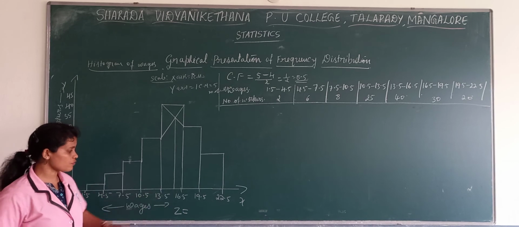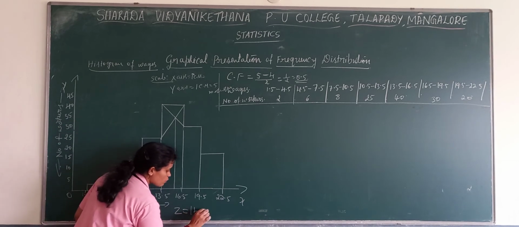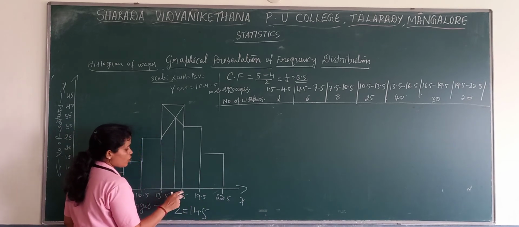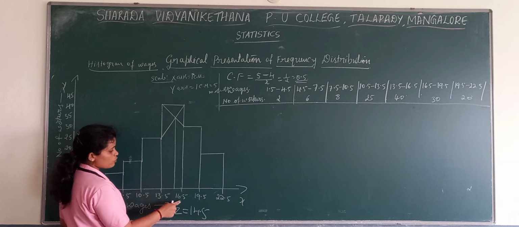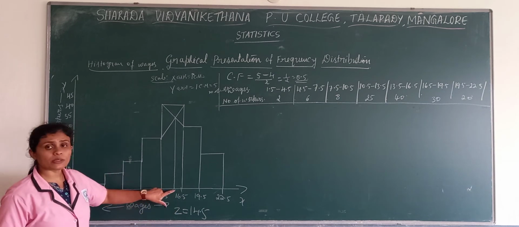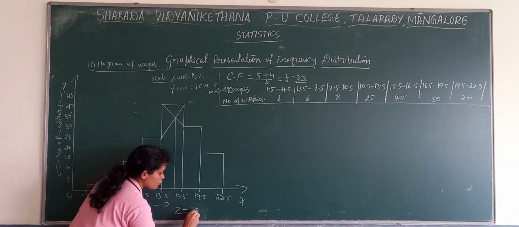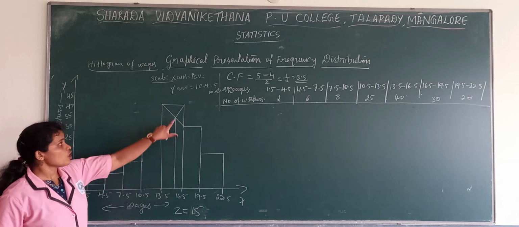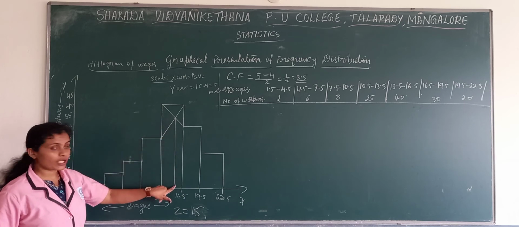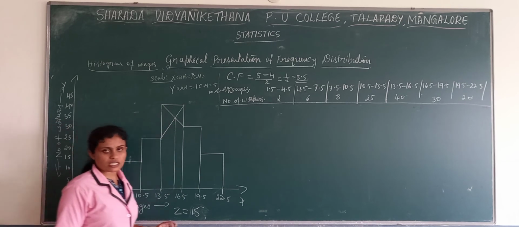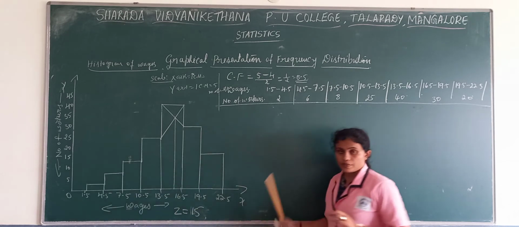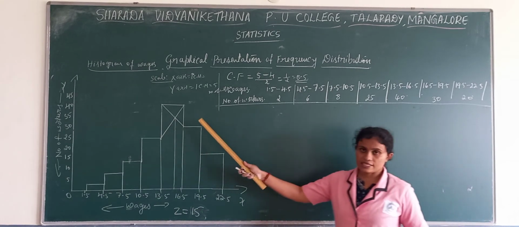If you do it on graph sheet, you will get the exact value. Here we can take it as 14.5. It will fall in between 13.5 to 16.5. It may be 14.5 or 15. We take it as 15. So this is the way of locating the mode. See which bar's length is the highest.